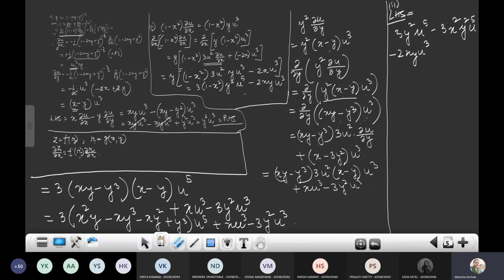Then we have plus, so plus we have 3x square y u power 5, then we have minus 3xy cube u power 5.